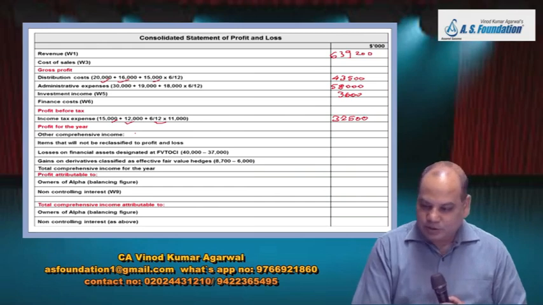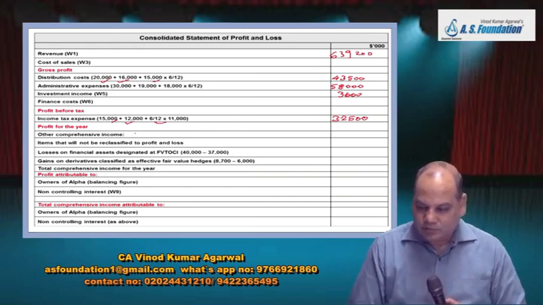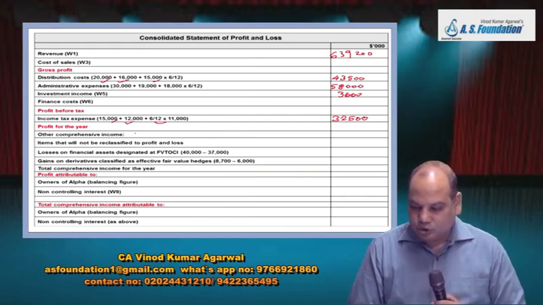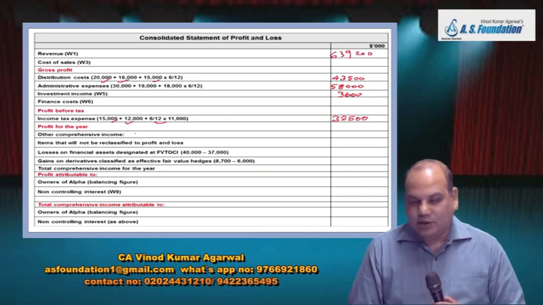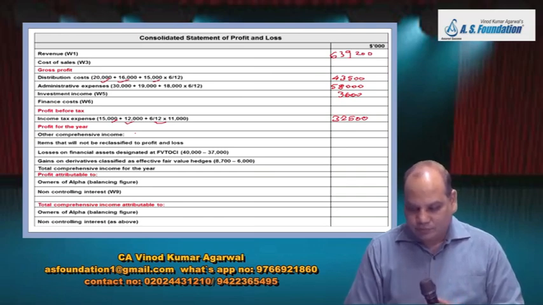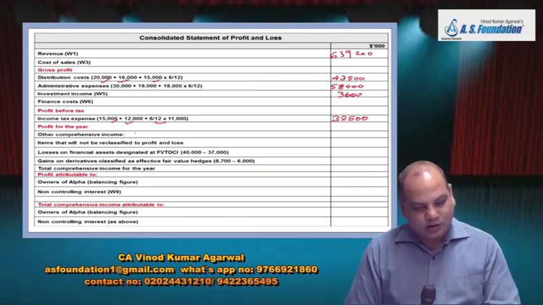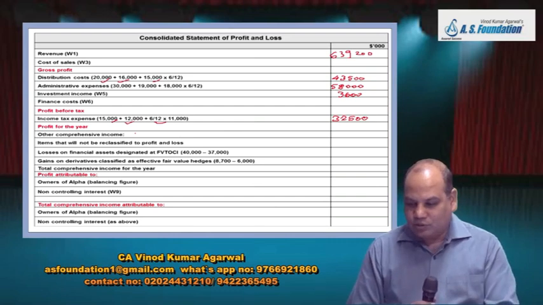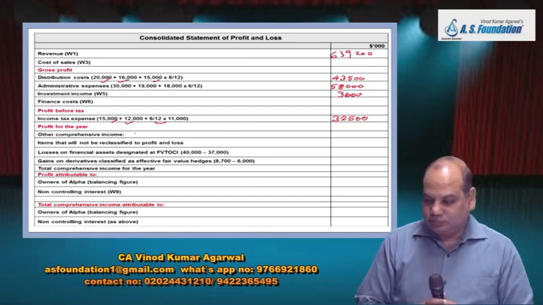Other comprehensive income. Item that will not be reclassified to P&L account. Loss on financial asset designated at FVT OCI. We can do that now also. Because we have discussed when you purchase the asset, the cost was 40 million. At year end, it is 37 million. You want to designate it as an FVT OCI instrument.